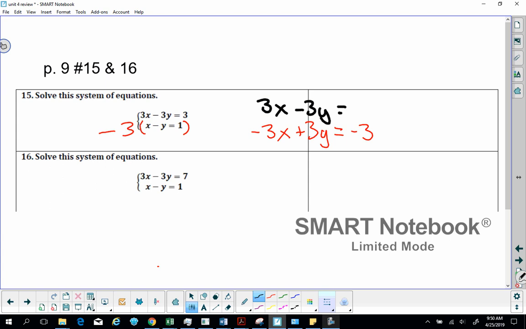If y'all are writing this down, if you don't remember it, this is the only day we're going over systems. Remember, we add them both together. What is 3x plus -3x?